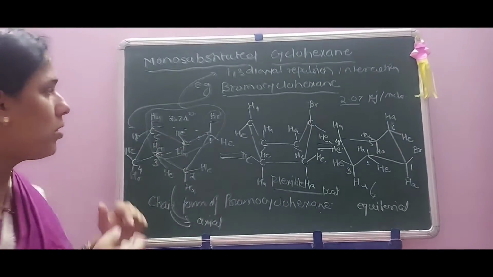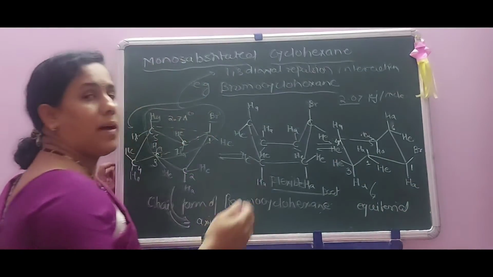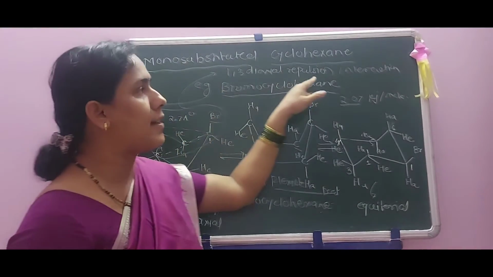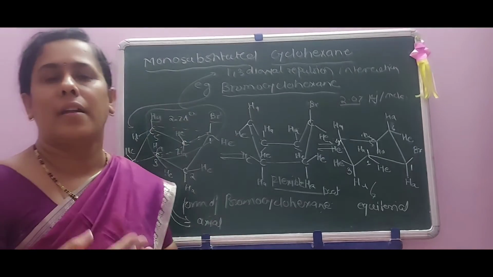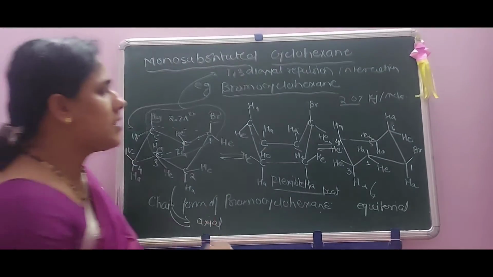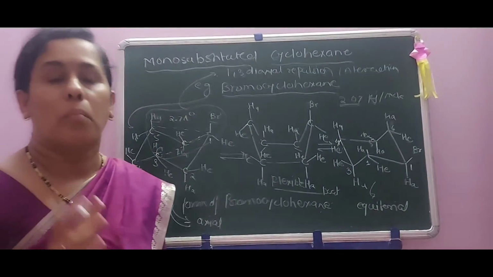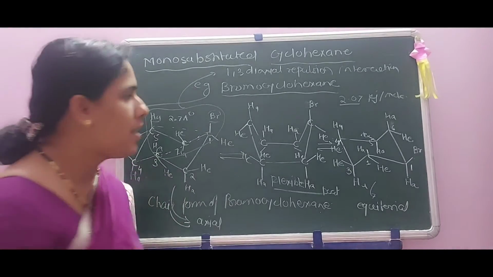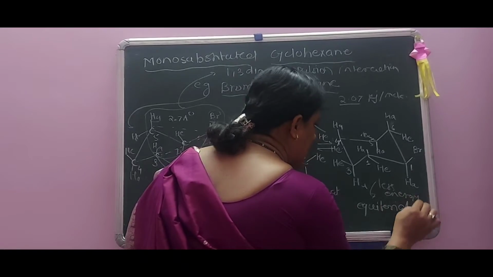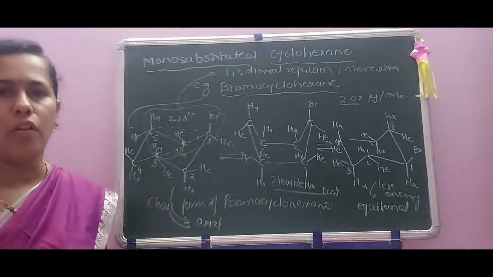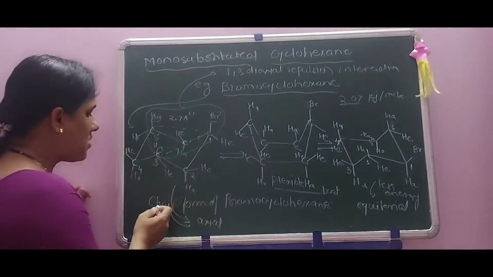It starts to rotate into the equatorial position, thereby minimizing the 1,3 diaxial repulsive interactions, which reduces the strain. Thus the equatorial form of bromocyclohexane becomes a more strainless molecule with less energy, and therefore becomes the stable one in comparison with the axial chair.